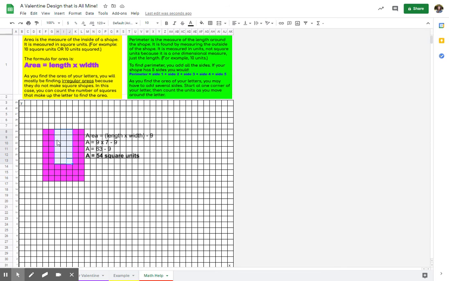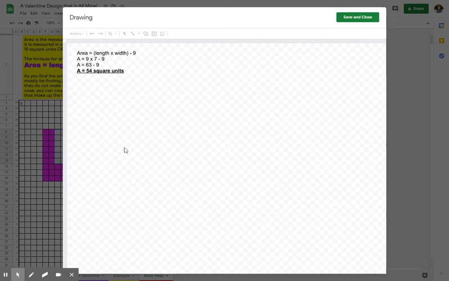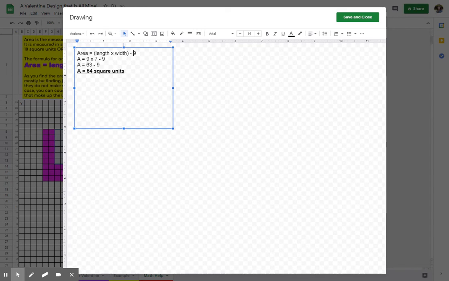Now I'm going to be taking away a 3 by 6. So really, I'm finding the area of even that inside, well, the area of that white portion, which is really looking at 18 units.